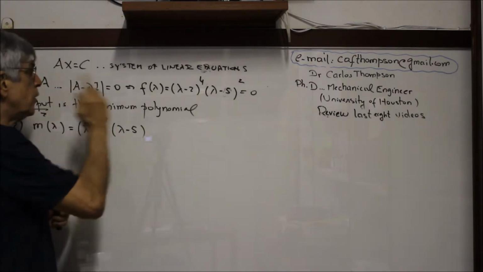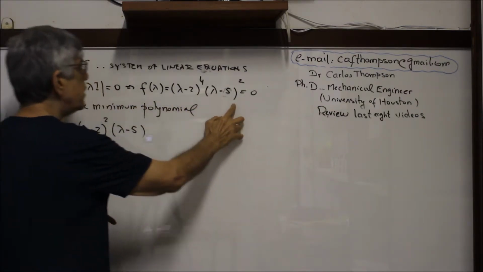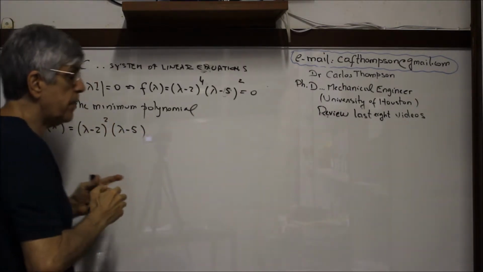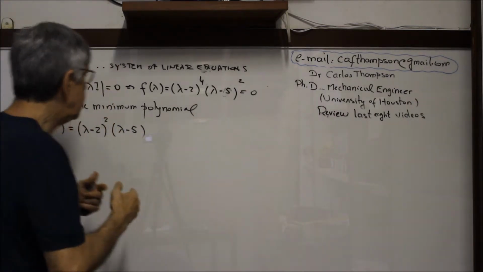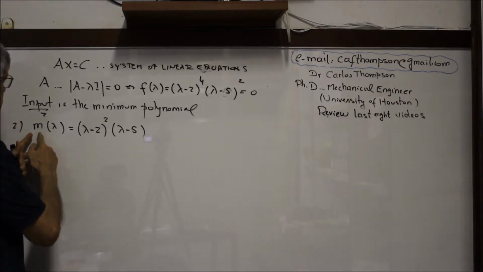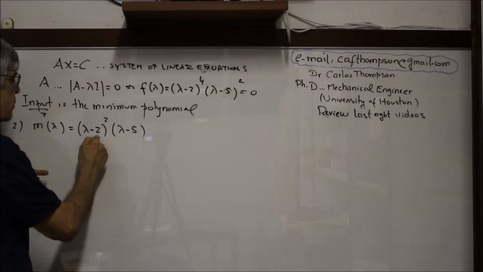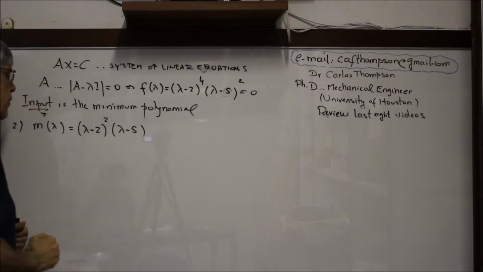This is A, in which you have the same characteristic polynomial, and somebody made a test and found out that the minimum polynomial of the matrix is (lambda minus 2) squared times (lambda minus 5).